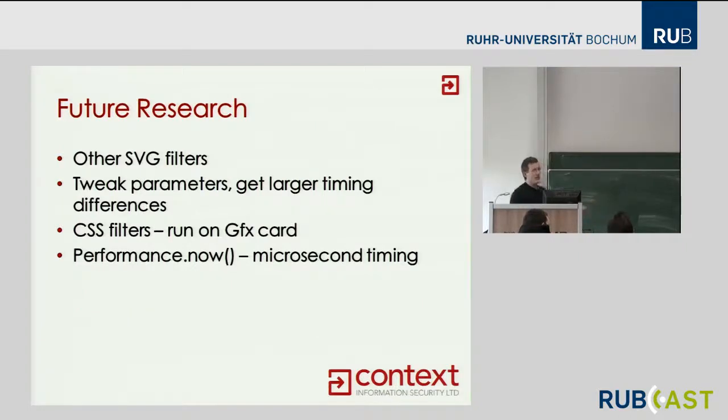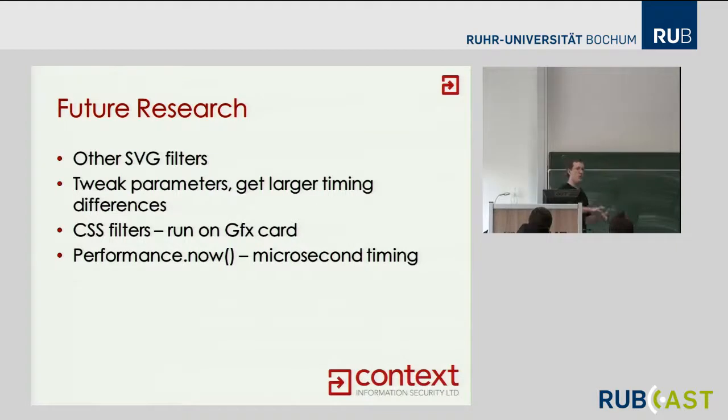I've only really started looking at this research. I've been looking at this for a few months, but there's plenty more that could be done. I've only looked at a single SVG filter, and I think there are probably lots more that might have this timing difference. Also there are lots of parameters to tweak.